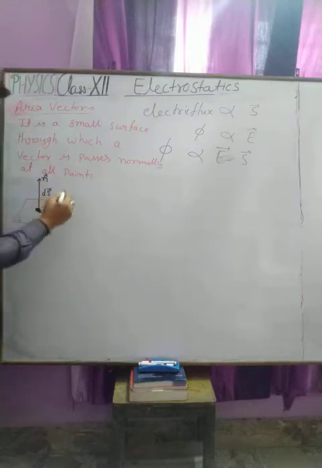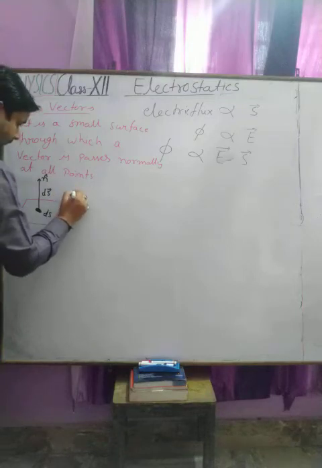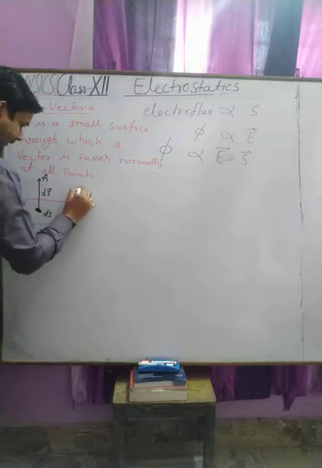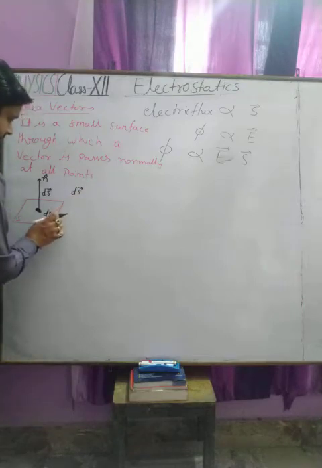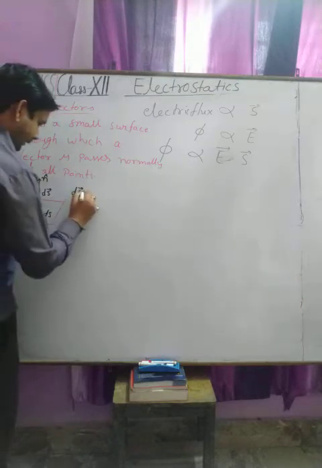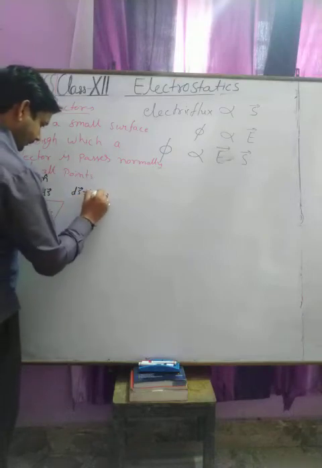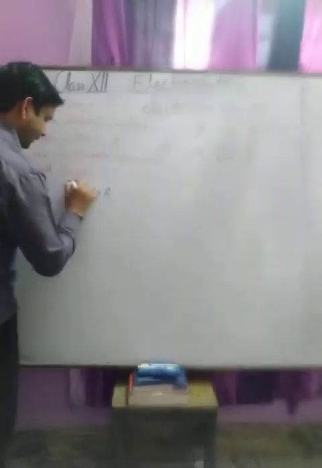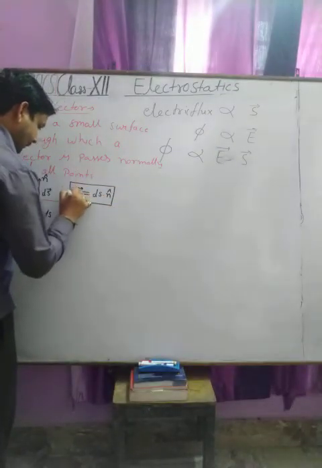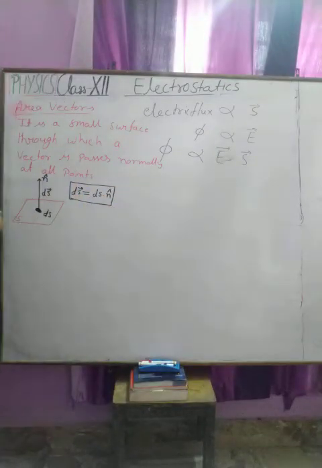Therefore this area vector ds is given by ds into n cap. This is the definition of area vector.